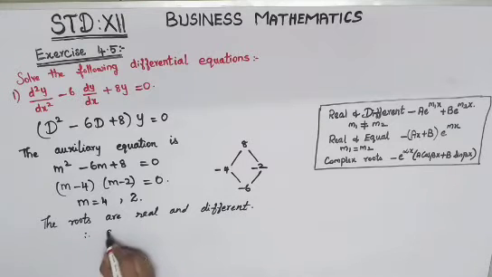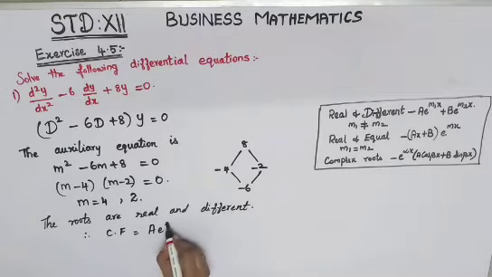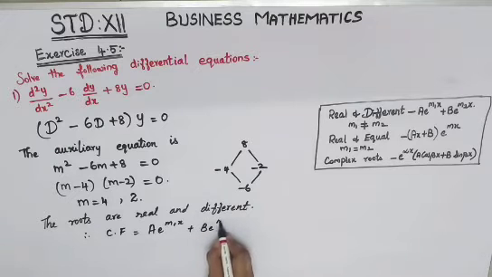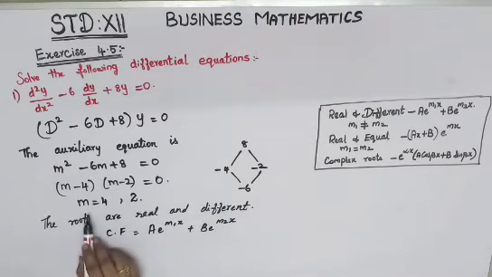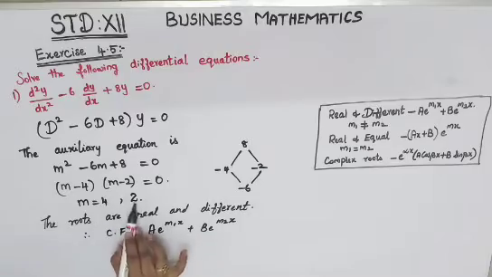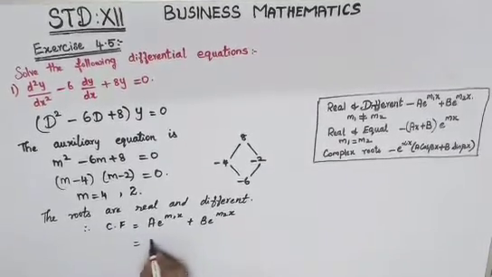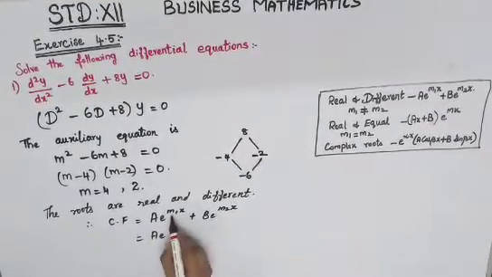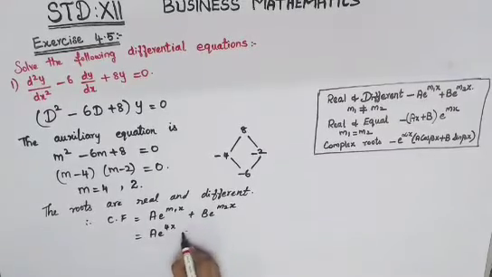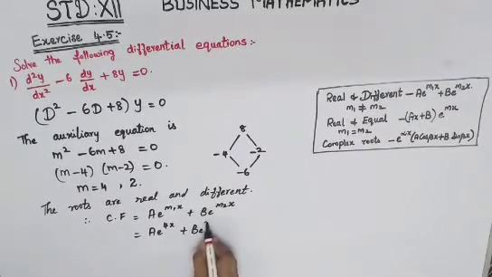Therefore, the CF, that is your complementary function, is equal to, you can write your first formula, a e power m1x plus b e power m2x. Now substitute your m1 as 4 and m2 as 2. So you will get your value as a e power 4x plus b e power 2x.